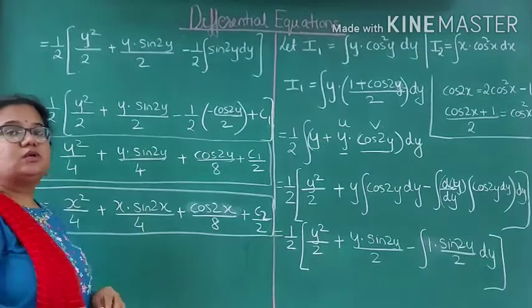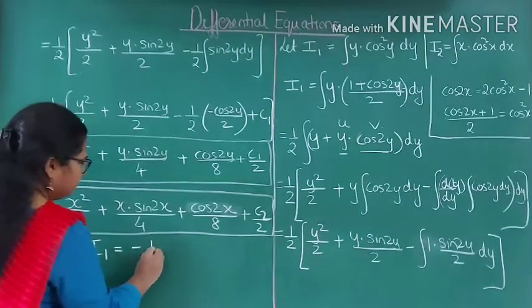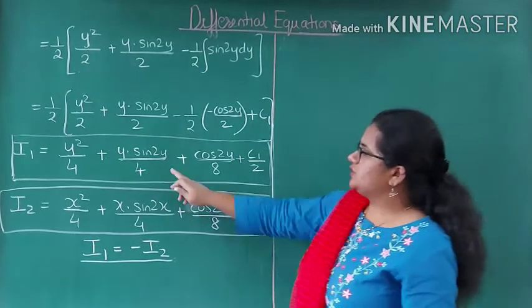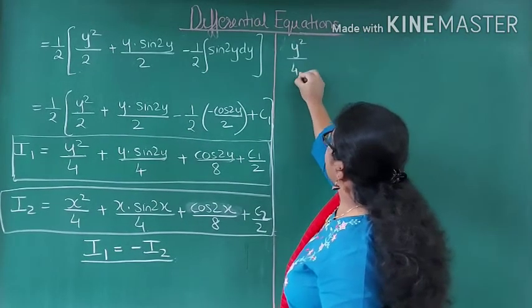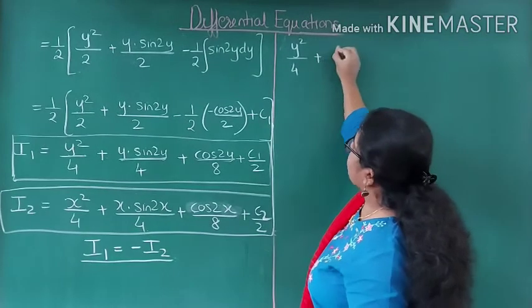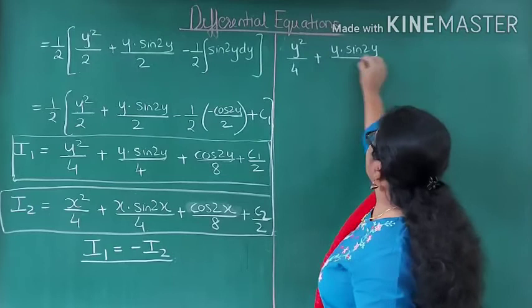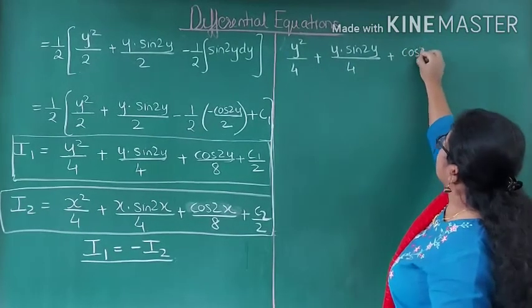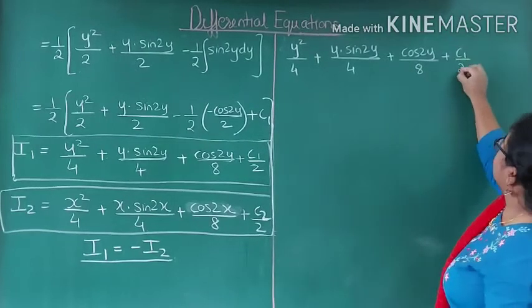I1 is equal to minus of I2. This we know. Let us substitute I1 equal to minus of I2. So this is your I1, y square upon 4 plus y into sin 2y upon 4 plus cos 2y upon 8 plus c1 upon 2.